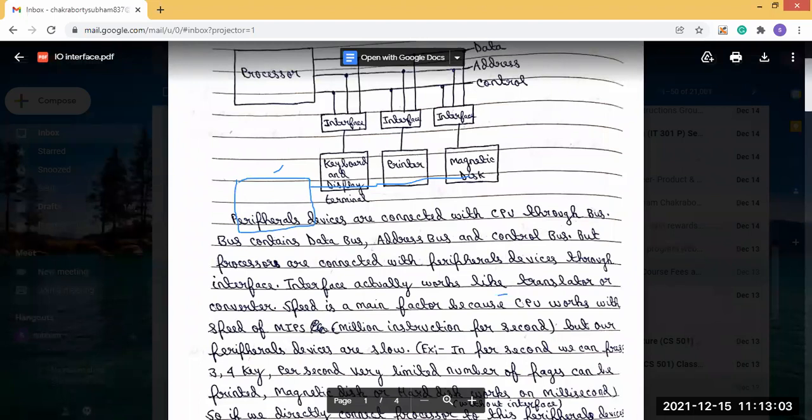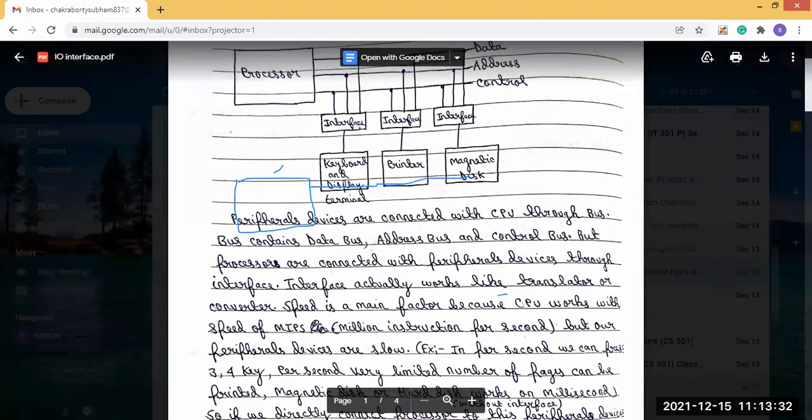But our CPU is processing or executing millions of instructions per second. Whereas with the keyboard we can only press 3-4 keys at that moment.